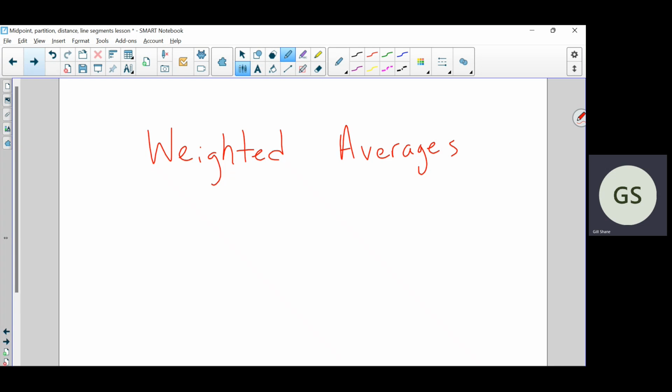So weighted averages, again, there's a formula we're going to do. I'm going to try to explain it to you, and we'll do some with numbers or with line segments in a minute. Let's say we have 100% on our classwork, and we'll still say the 50% on quizzes.